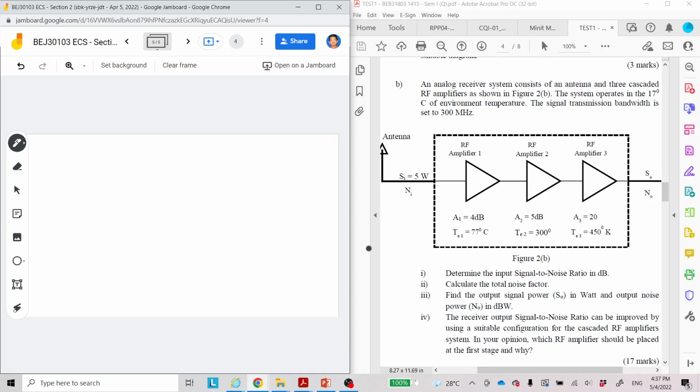So you can find the gains. A total is equal to A1 multiplied with A2 multiplied with A3.